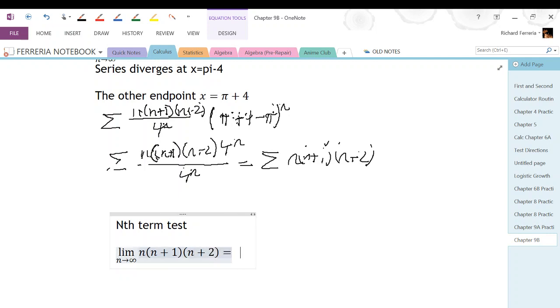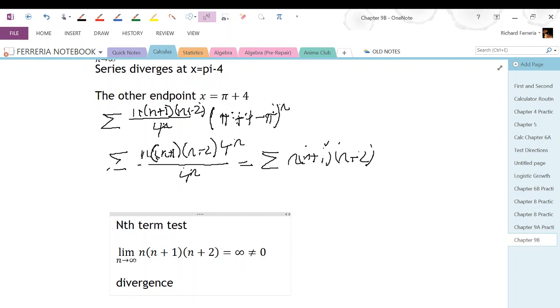That's equal to infinity, which is not equal to 0. So the nth term test tells me that we have divergence there. So we've checked both endpoints, they both diverge.